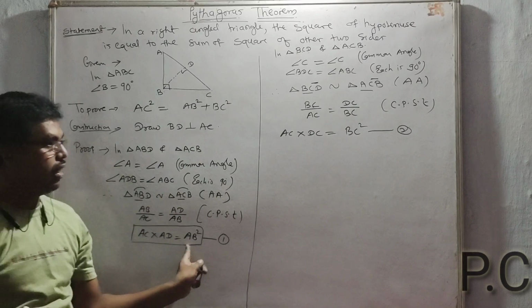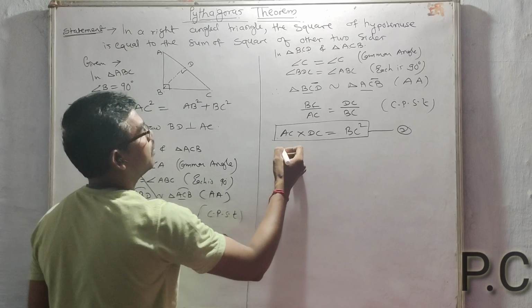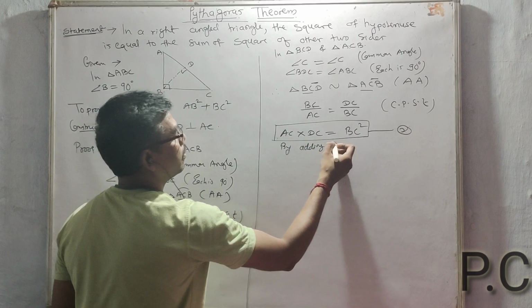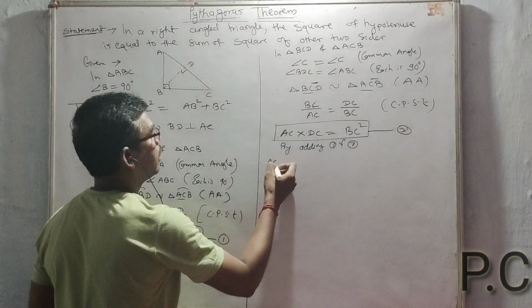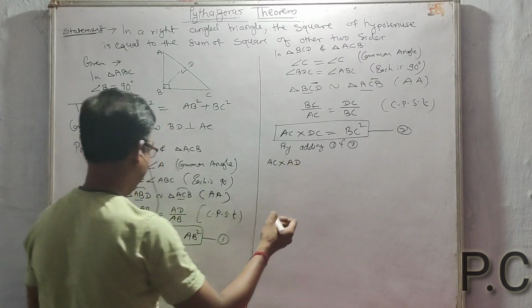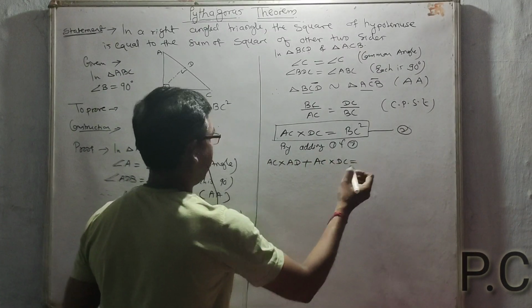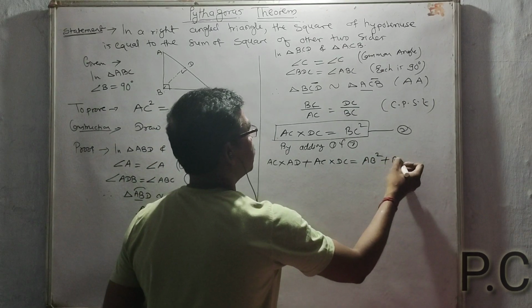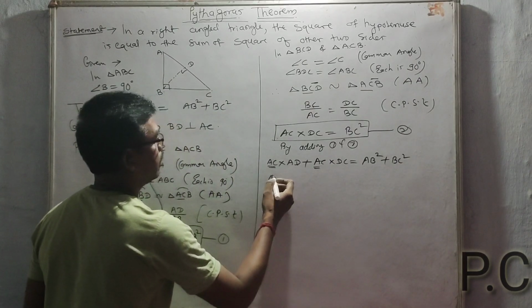So we have to add first and second statement. By adding 1 and 2, we get AC into AD plus AC into DC equals AB square plus BC square. Now take AC common.